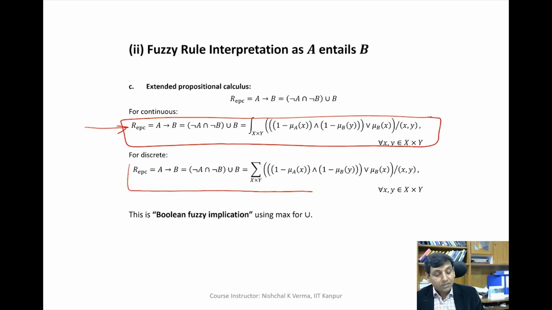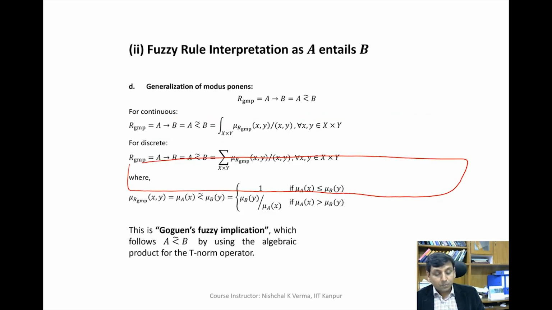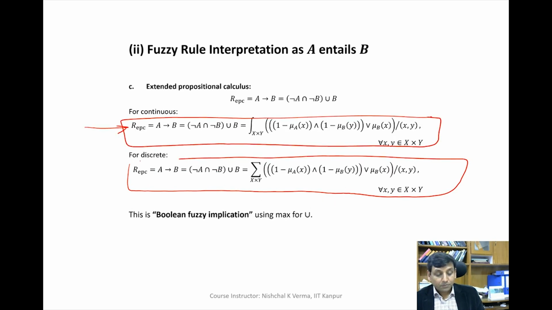Similarly, for discrete fuzzy sets, we get it like this. And this is called the Boolean fuzzy implication, using max for union. Means wherever we have union, we use max.